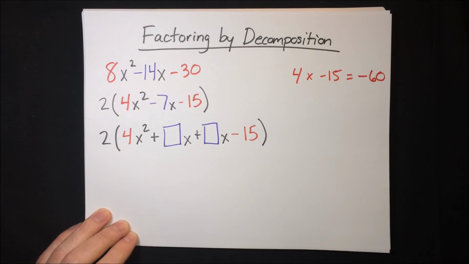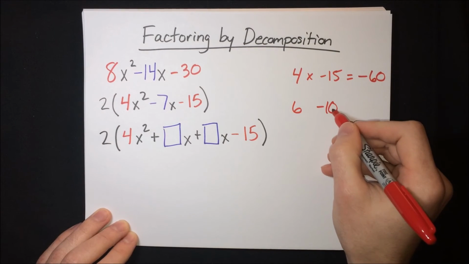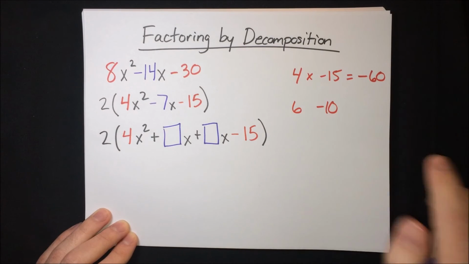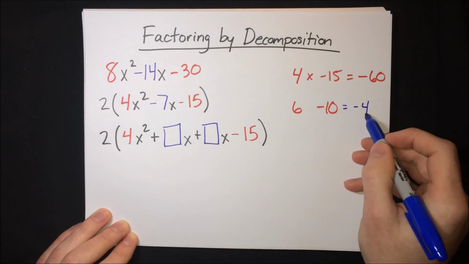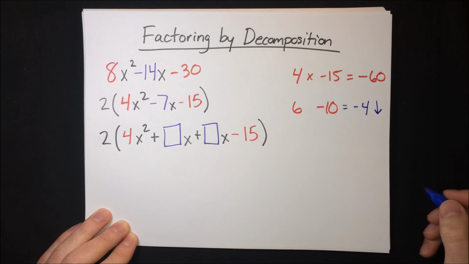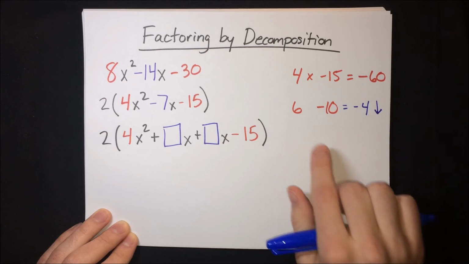To start off, we can try 6 and negative 10. Those multiply to negative 60, but when we add them, we get 6 minus 10, which is negative 4, which is a bit too high because negative 7 is lower than negative 4. Alright, so we just need to make the numbers a tiny bit further apart.